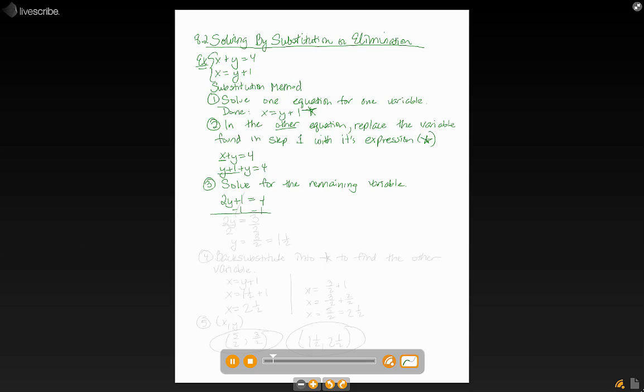Subtract 1 from both sides, exactly. 2y, because the 1's go away, equals 3. My bad. Okay. And then divide both sides by 2. I get y equals 3/2. Okay. Now, you can call it 1 1/2 if you like, yes.